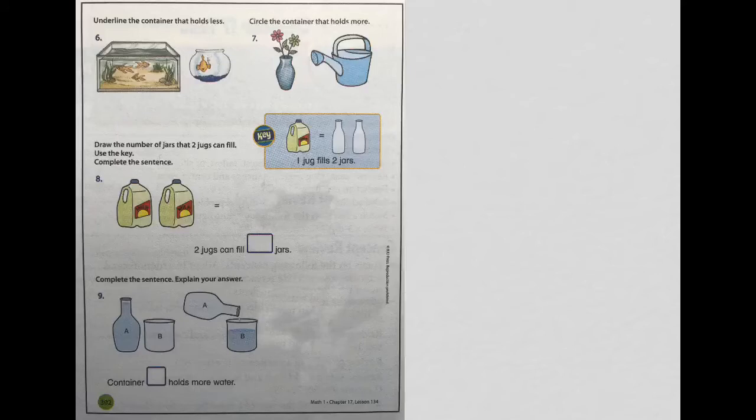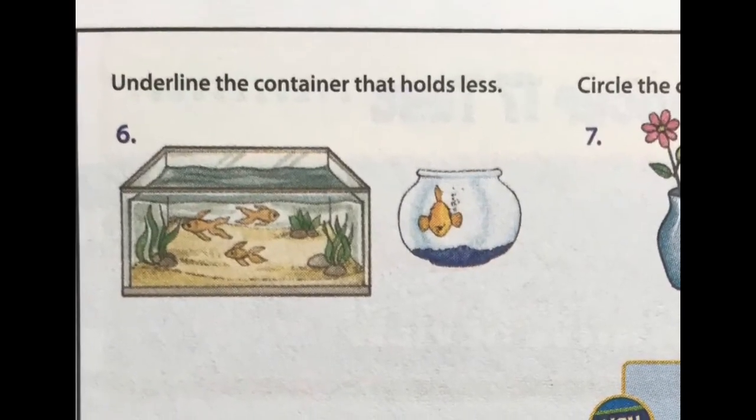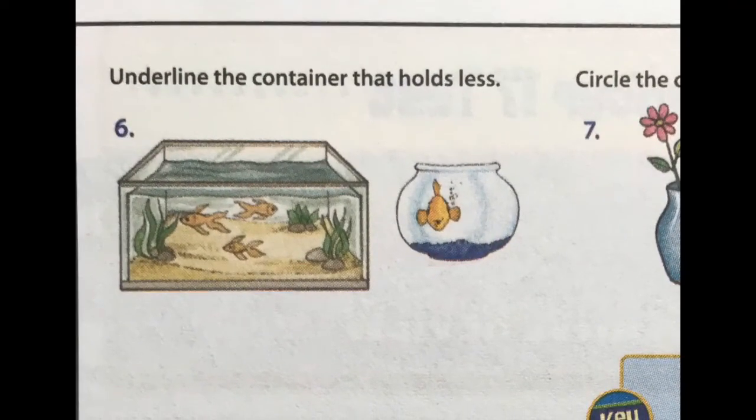All right, now we're going to look at the back. Turn your paper over. We're going to figure out which container holds less for number 6. What do you see in front of you? Both containers hold fish, and both containers hold water. Which container holds less?